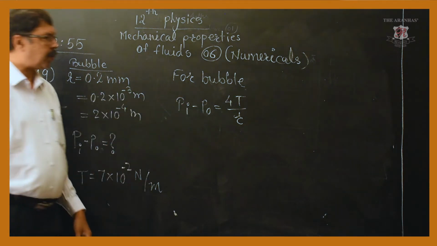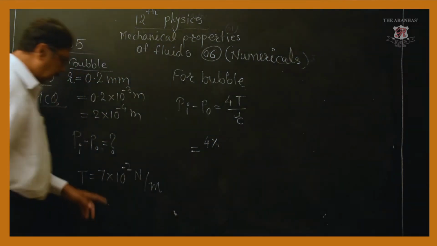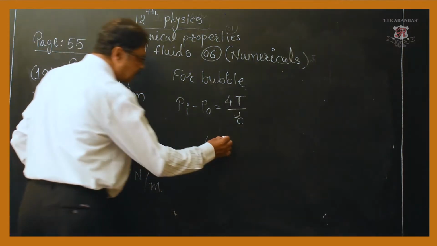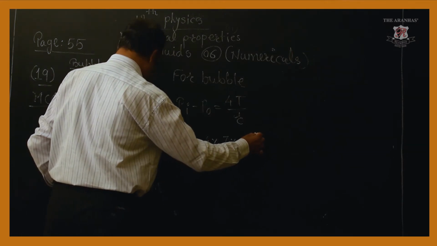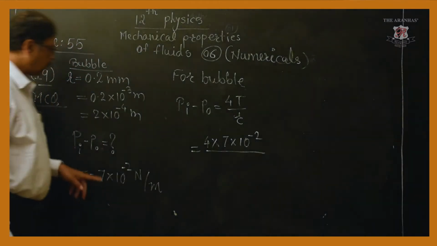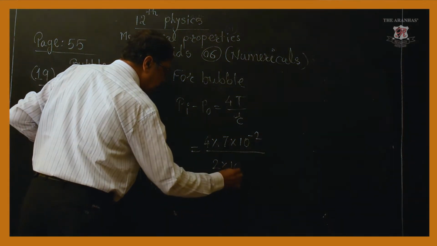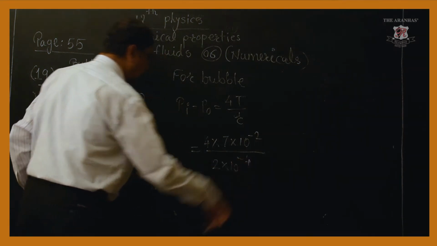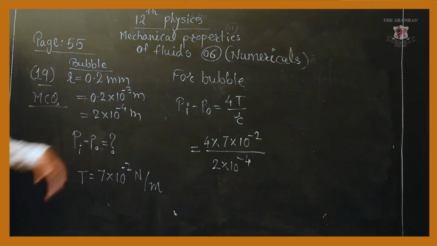What you are going to do here, put 4. What is the value of T? T is given as 7 into 10 raised to minus 2 upon. What is the value of R? 2 into 10 raised to minus 4. So what do you get here now?